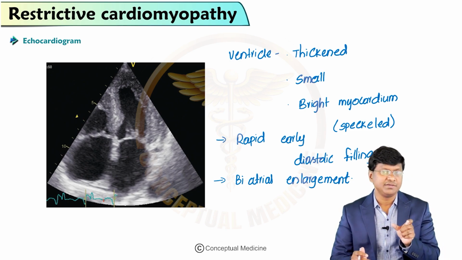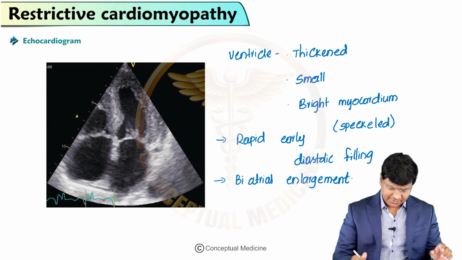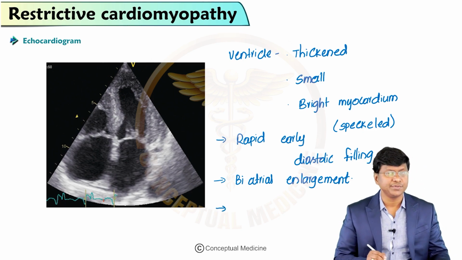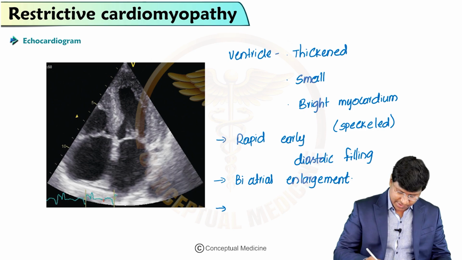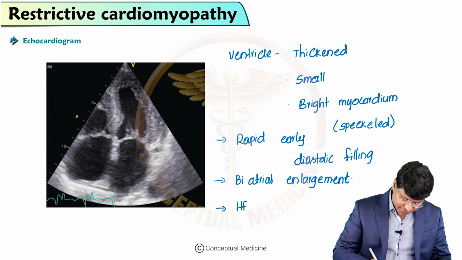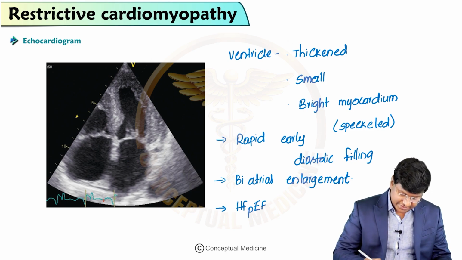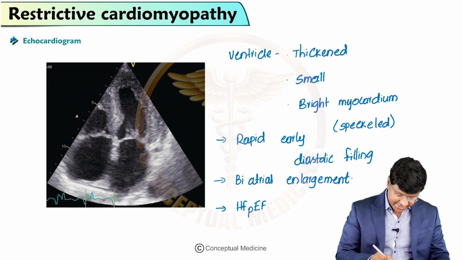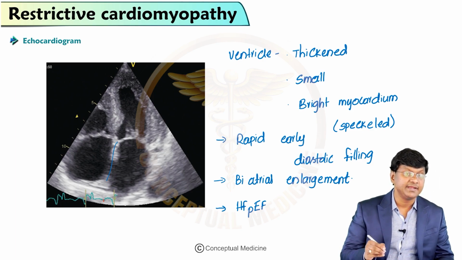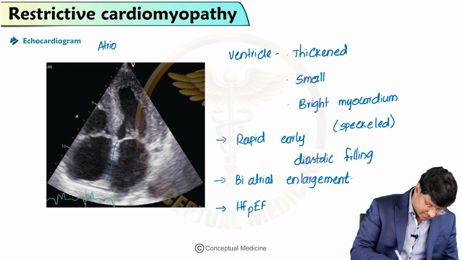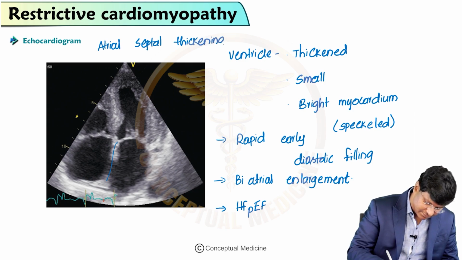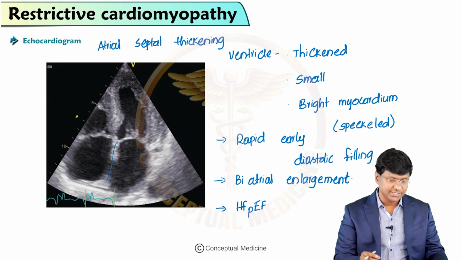And the LV chamber size is also reduced. In these patients, we have discussed that the individual has diastolic dysfunction, so they will develop heart failure with preserved ejection fraction, which we call HFpEF. And if you observe the atria, the atrial septal thickening is also evident.